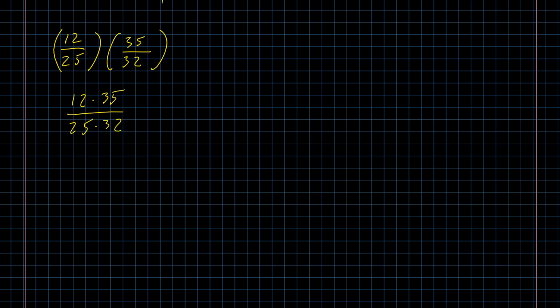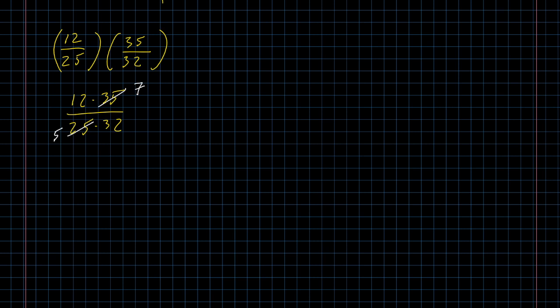And I chose this example specifically because even though 12 over 25 and 35 over 32 do not reduce, once you've started multiplying things together, you might notice that we have 25 here, which is 5 times 5, and 35, which is 5 times 7.